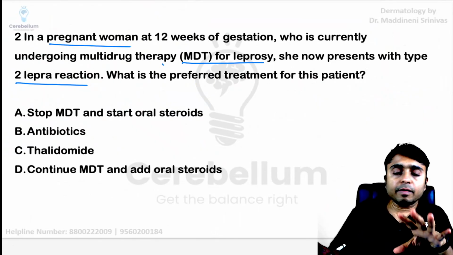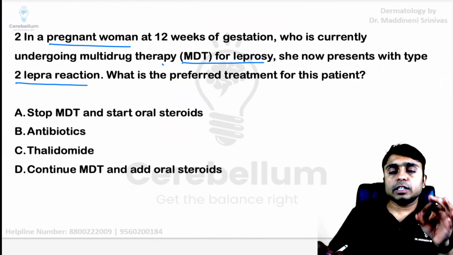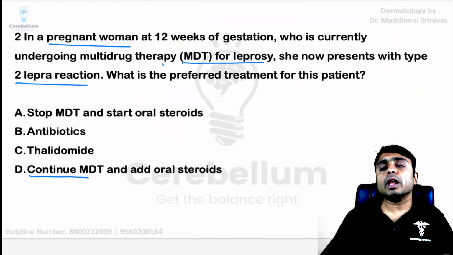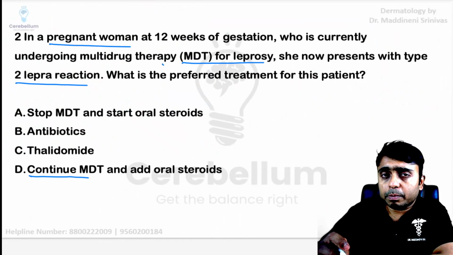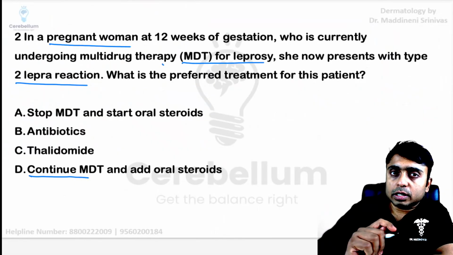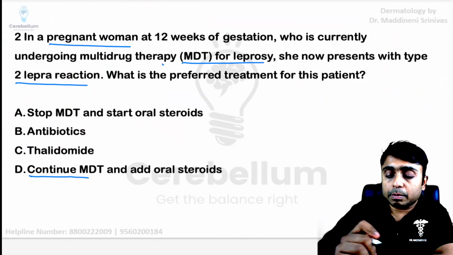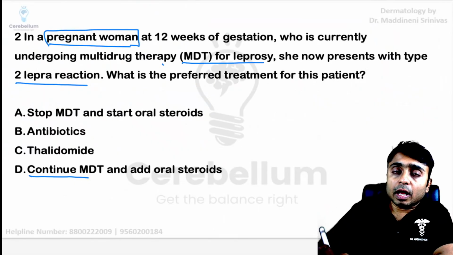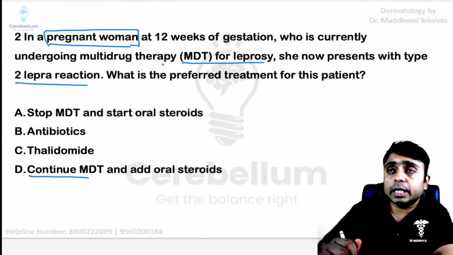Please remember, whenever a Hansen's patient comes with a lepra reaction, the first advice we need to give is to continue the multi-drug therapy. And in oral steroid usage, remember there is a confusion. Students think that in type 1 lepra reaction, steroids are used, and in type 2 lepra reaction, it is thalidomide which should be used. But please remember, here it is a pregnant woman, and in pregnant women, thalidomide cannot be used because it is a teratogenic medication.